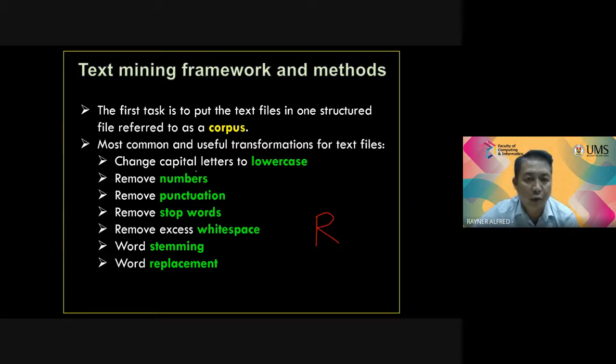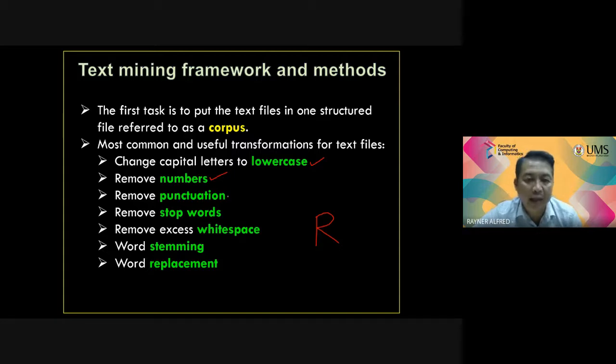One of them is to change capital letters to lowercase. So we do not want to have two different terms that are considered different just because one is lowercase and the other is uppercase. We also want to remove any numbers.